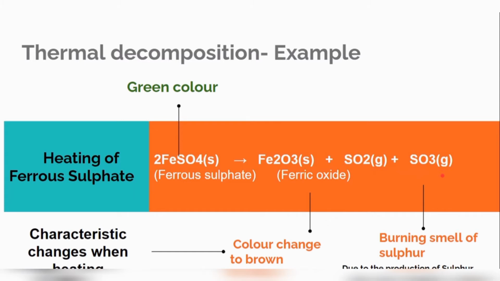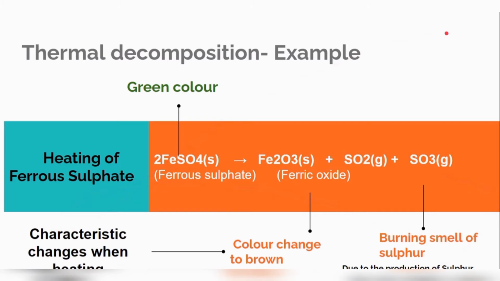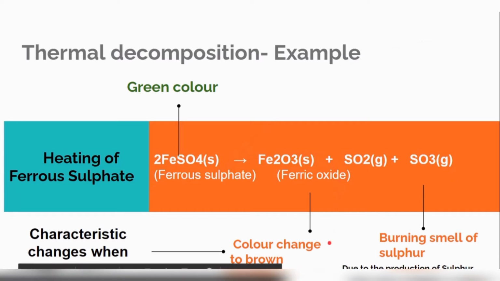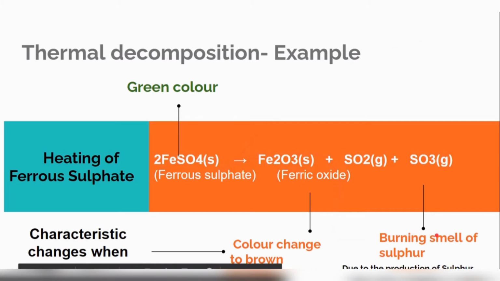These two gases produce a smell of burning sulfur. So what are the characteristic changes when ferrous sulfate is heated? The green color changes into brown color. At the same time, you can feel a smell of burning sulfur. So this is a clear example of thermal decomposition.